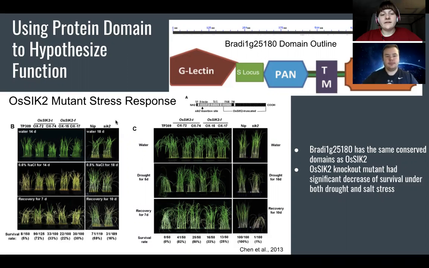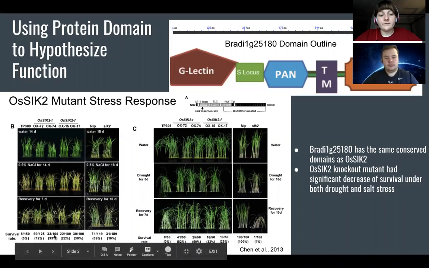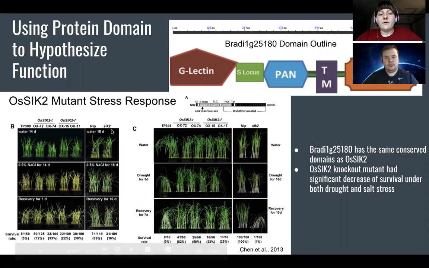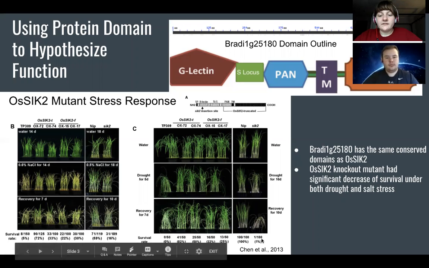They did experiments with a knockout and overexpressors, and the overexpressing individuals survived at a much higher rate, both under salt stress and drought stress, while the knockout mutants survived at a much lower rate, both under salt stress and drought stress, with only 1 out of 100 and 31 out of 189, compared to a much higher rate with the control in both.